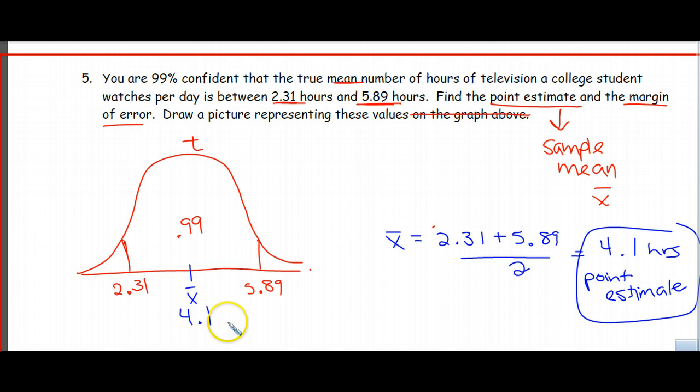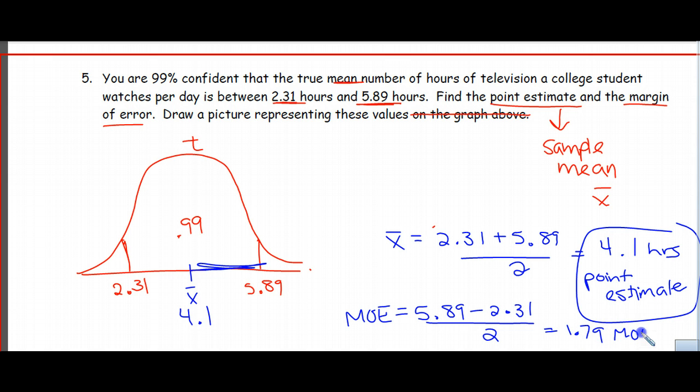And if I want the margin of error, if you remember from a previous video, I can find it by subtracting these two numbers and dividing by 2. So my margin of error is going to be 5.89 minus 2.31 divided by 2. And you should be getting 1.79 as my margin of error.